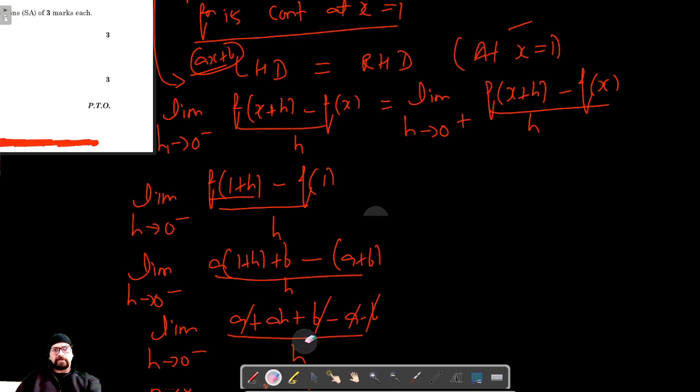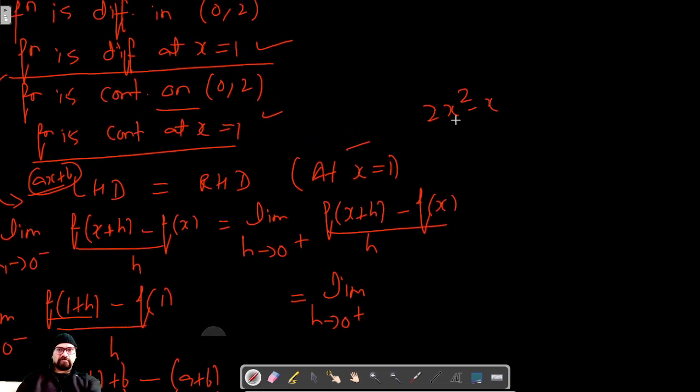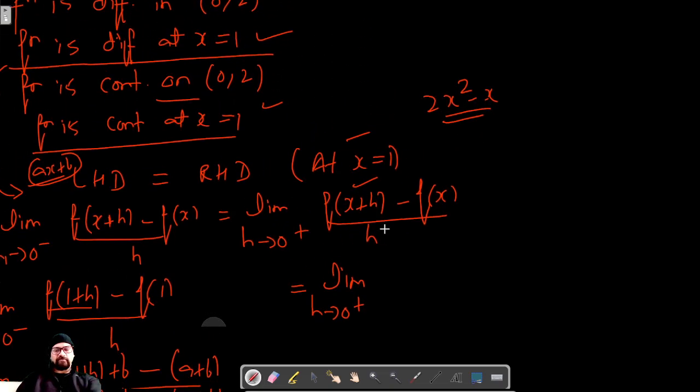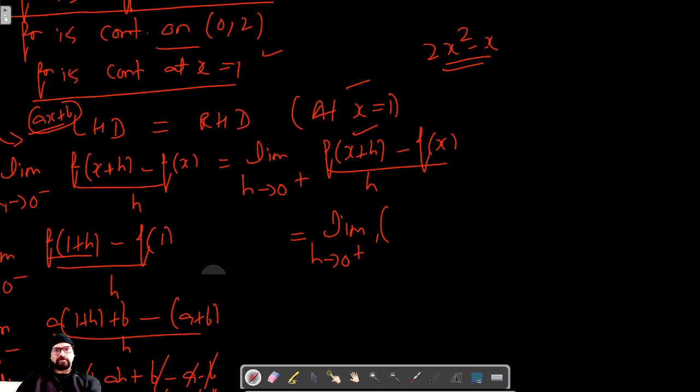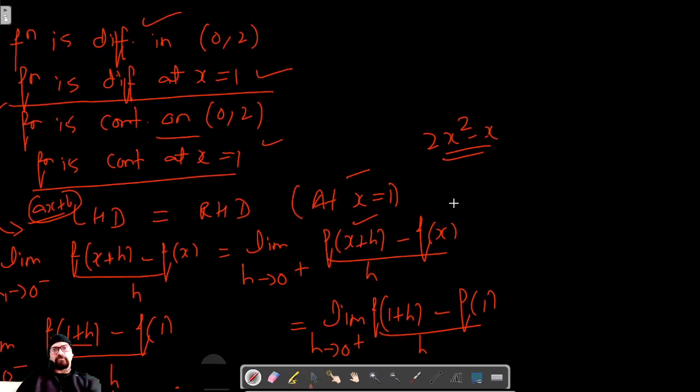Okay, now let's find out the right hand derivative. So the right hand derivative is equal to limit h tends to 0, positive. Now for the right hand derivative, our function is 2x squared minus x, and f of x plus h. x is 1, so this is f of 1 plus h minus f of 1 upon h. So which is equal to limit h tends to 0, positive, f of 1 plus h.